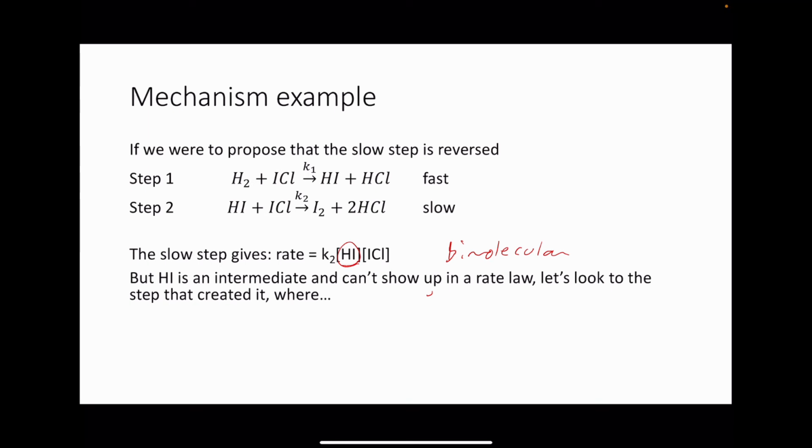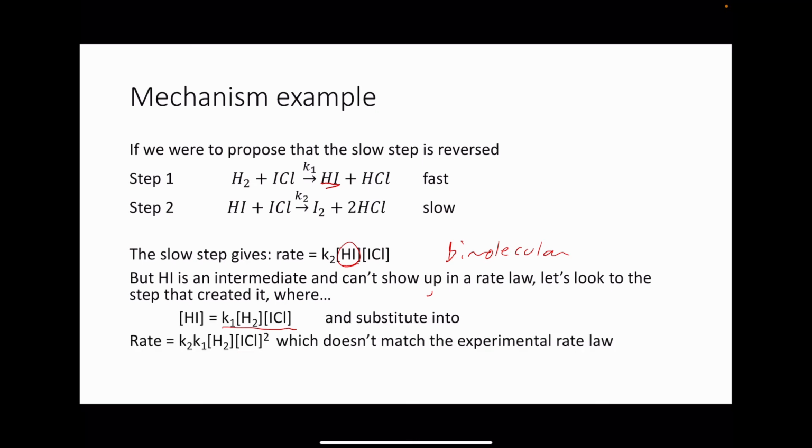Rate laws that we measure empirically only include reactants and products. Intermediates aren't there. So what we need to do is go back to the first step where that was created, and it was created by the reaction of H2 and ICl, a bimolecular step, so we would write the rate constant of this. And we'd substitute in for HI, and we get k2 k1, which doesn't really matter.